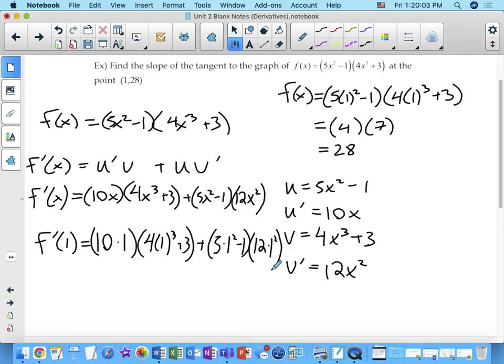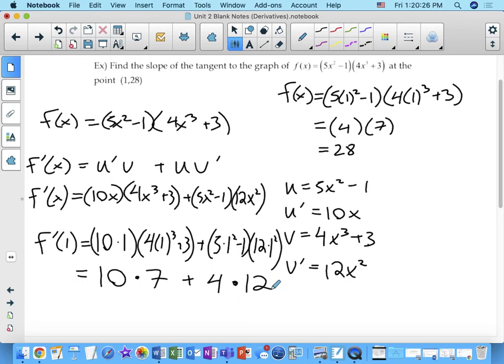It's a very, very easy number to plug in, right? And that is 10 times 7 plus, this is 4 times 12. So slow down a little bit and make sure you're reading the instructions.